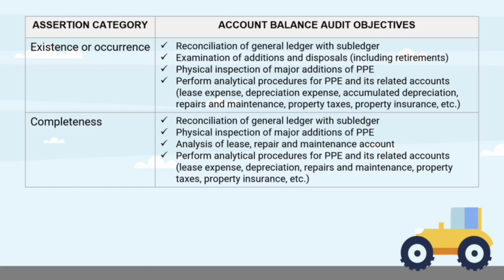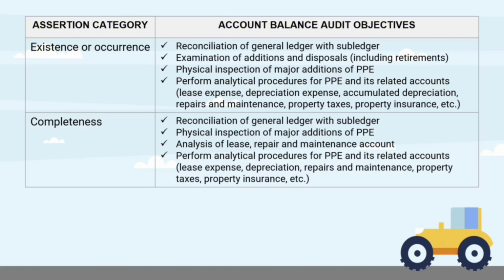For completeness, we have reconciliation of general ledger with sub-ledger, physical inspection of major additions of property, plant, and equipment, analysis of lease, repair, and maintenance account, perform analytical procedures for property, plant, equipment, and its related accounts.